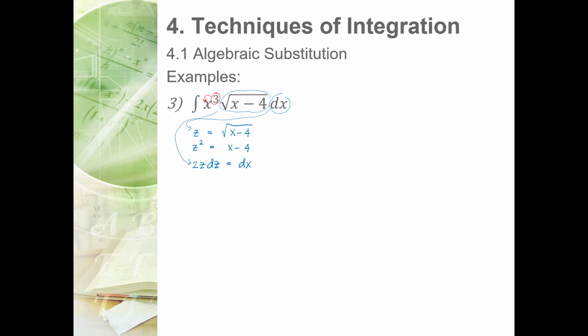So how about x cubed or the x variable? Where can we get the x variable? We can borrow it from here. So we can isolate the x parameter. So x equals z squared plus 4. So this term here is going to go here. It's like just manipulating the available terms.